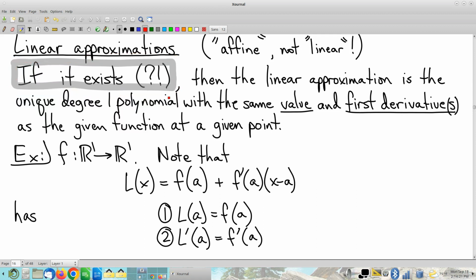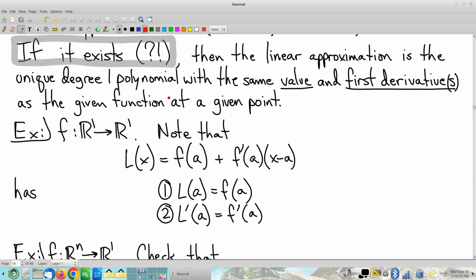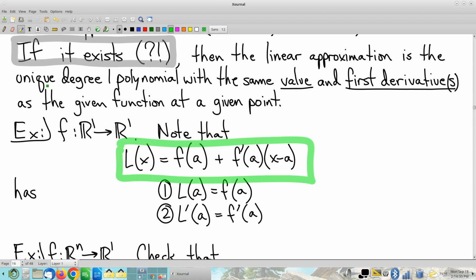Well, golly, it's really easy to do that in single variable calculus. Here's the formula. That's the linear approximation. I'm sure y'all have all seen that before. What do we mean by saying this is the linear approximation? Well, it's the unique degree 1 polynomial that has the same value as f at the point a, and that has the same first derivative as f at the point a.